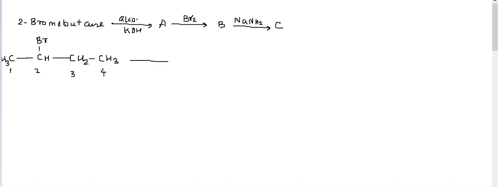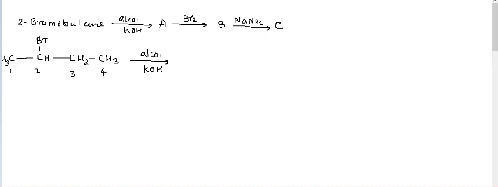Now when it is treated with alcoholic KOH, we know alcoholic KOH is used for elimination. For elimination, we need to identify alpha and beta carbon.